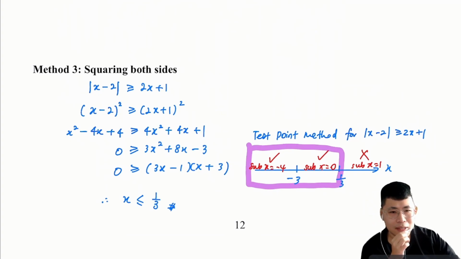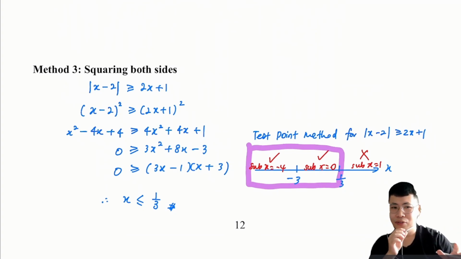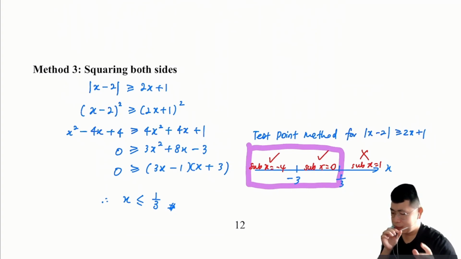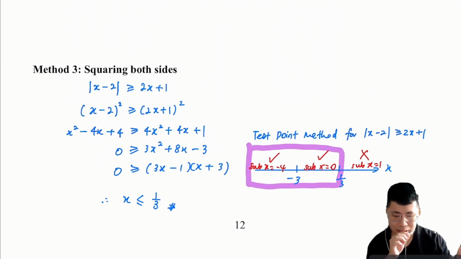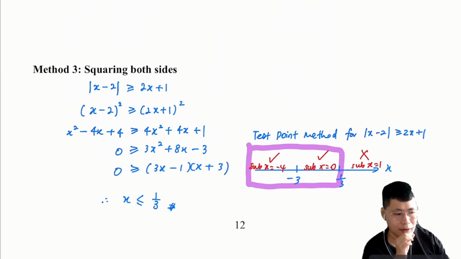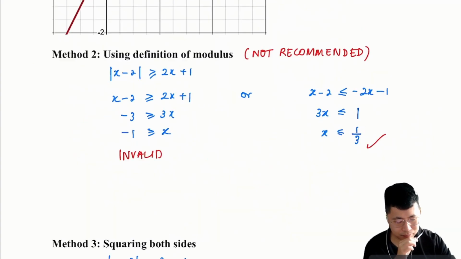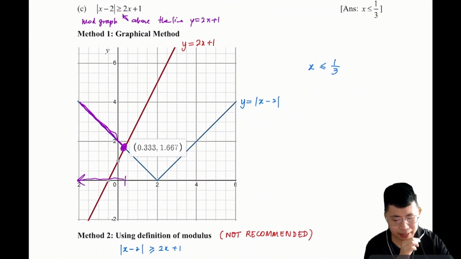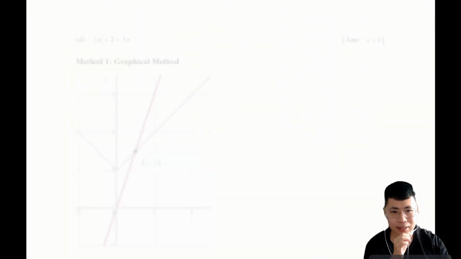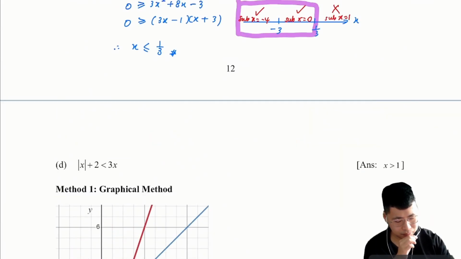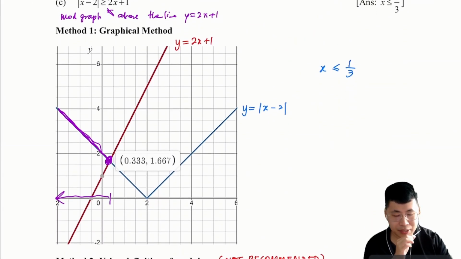Okay, so now this is the most complicated form of inequalities that we'll need to solve. One more time, we need to take note. The superior method would be the graphical method, because very clearly you can see where the intersection is, and you can take the results from there.